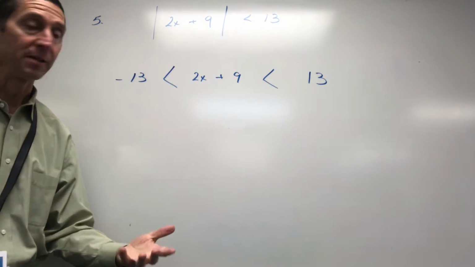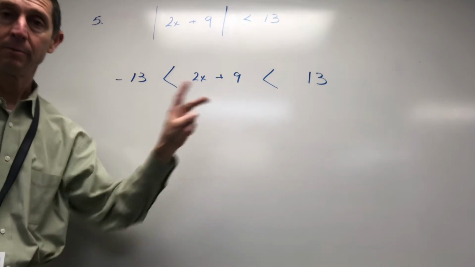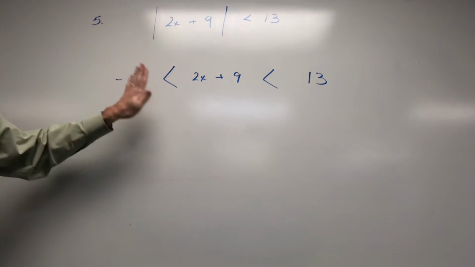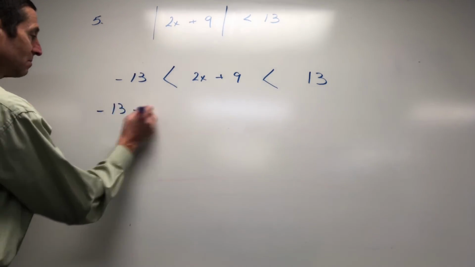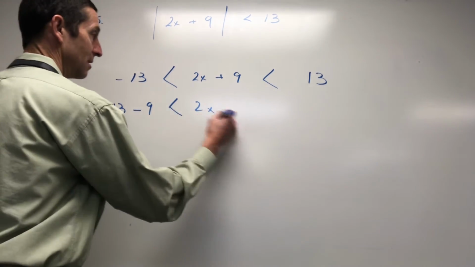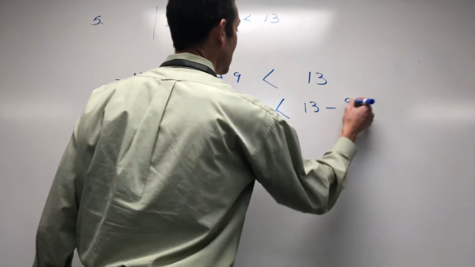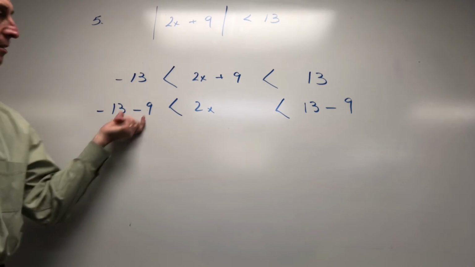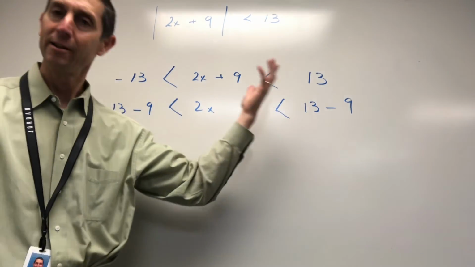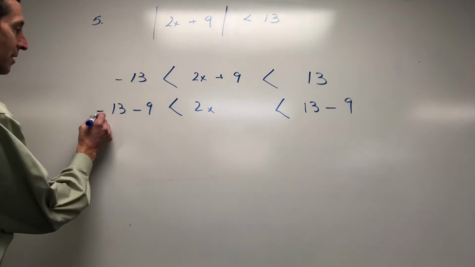We solve this by subtracting the 9, but you work two problems at one time. Subtract the 9 on both sides. So we like that. Two problems at one time. Subtract the 9 on the left, subtract the 9 on the right. Saves a little time here. What is this?